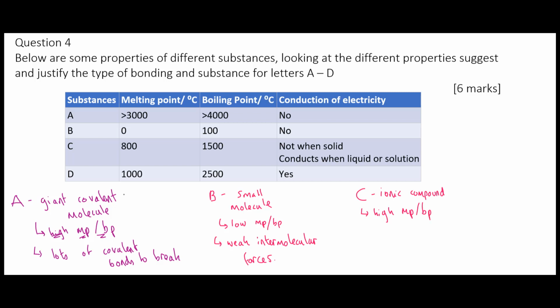And this is due to those strong electrostatic forces of attraction. We also know that compound C must be an ionic compound because it only conducts electricity when liquid or as a solution. Because remember, when a liquid or solution, the ions can move.